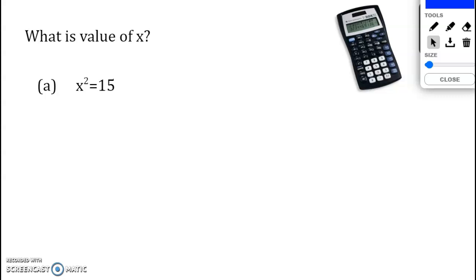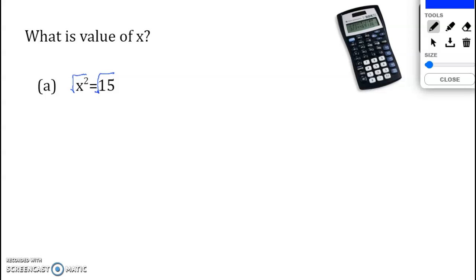Alright, if I give you x squared is 15, what is x? How do I find x? What you do is you take a square root of both sides. Just as we could add 5 to both sides or divide by 5, as long as I do the same thing to both sides of the equal sign, we are allowed to do that. You can take a square root of both sides as well.